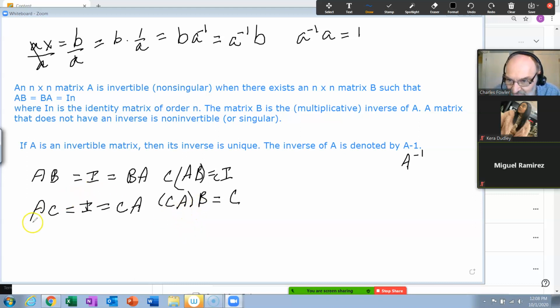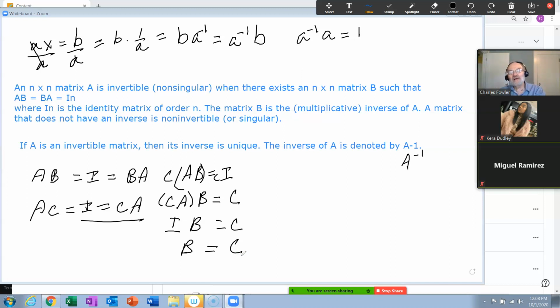We said here that C is also equal to I, right? So this would be I here. CA would equal I, we said right here. That times B is equal to C. But this says I times B, you know that's equal to B. So this says B has to equal C, and originally we said B was not equal to C, so we produced a contradiction, so that means that C and B must always be equal to each other.